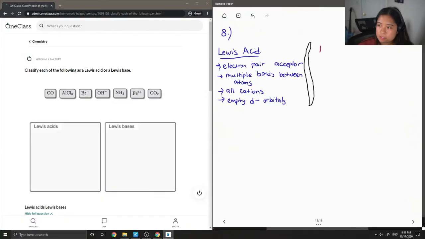So on the right side, let's write down the qualities of a Lewis base. Basically, they are electron pair donors.